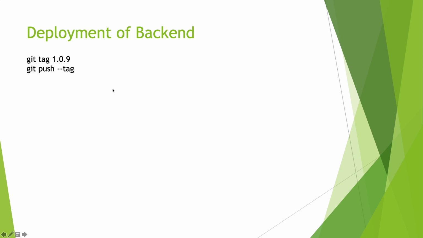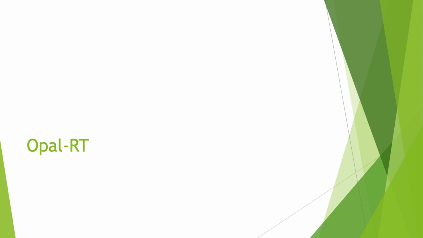Please do not run these commands without asking our team members, because it's very dangerous. It will deploy something on our backend server which will affect other team members, or affect some demo procedures.